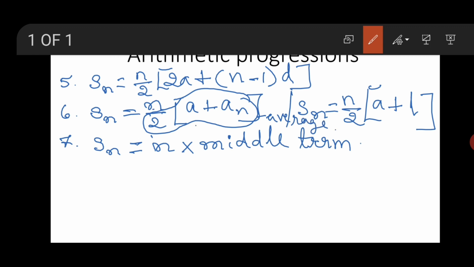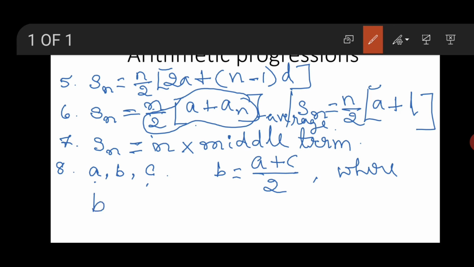So n into middle term is equal to Sn also. Then if A, B, C are in AP, then B is given by the formula A plus C divided by 2, sum of first and last term divided by 2, where B is known as arithmetic mean. This is also helpful to solve the problem.